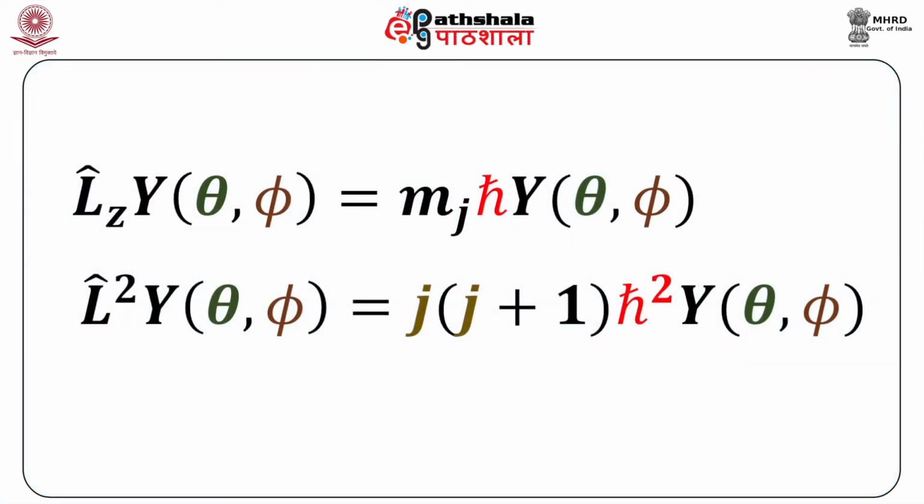Now let us take the common eigenfunction Y for L square and Lz, for which in terms of spherical polar coordinates, the eigenvalue equations defined earlier now become Lz Y(theta, phi) equals mj h cross Y(theta, phi), and similarly we have the equation L square Y(theta, phi) equals j(j plus 1) h cross square Y(theta, phi).